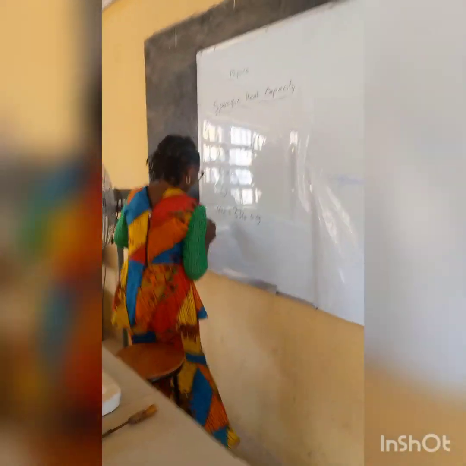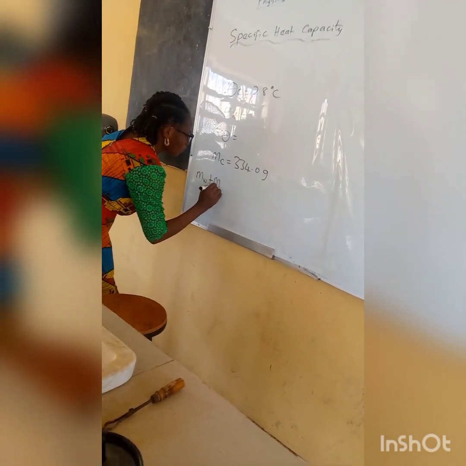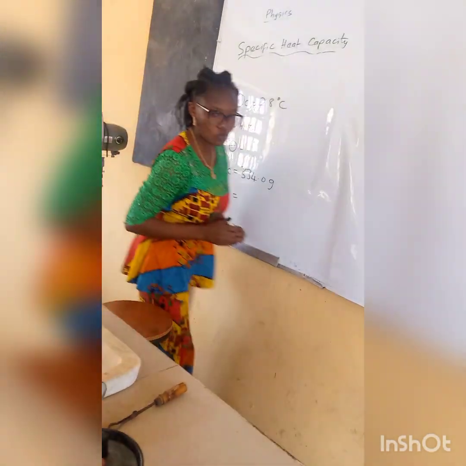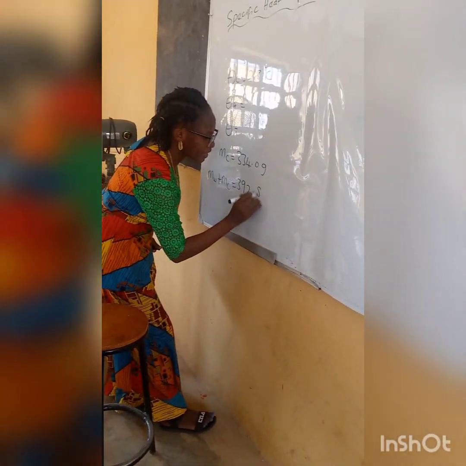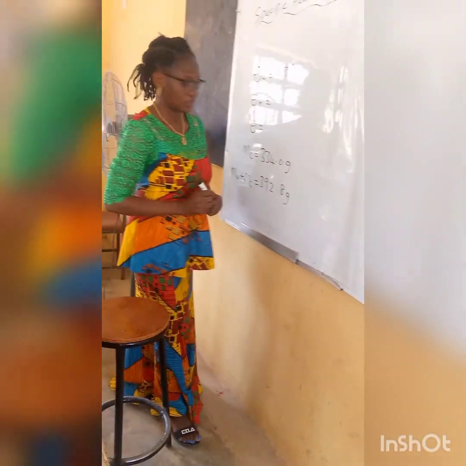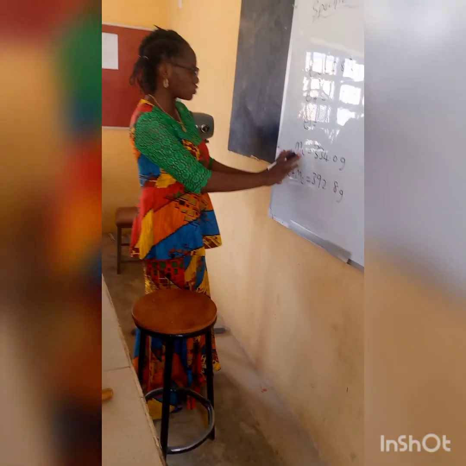The mass of water plus calorimeter is now equal to 392.8 grams. So from here we can find the mass of water.